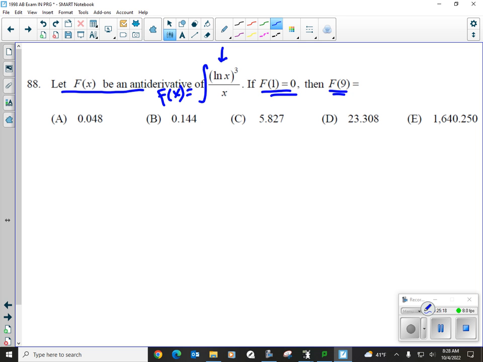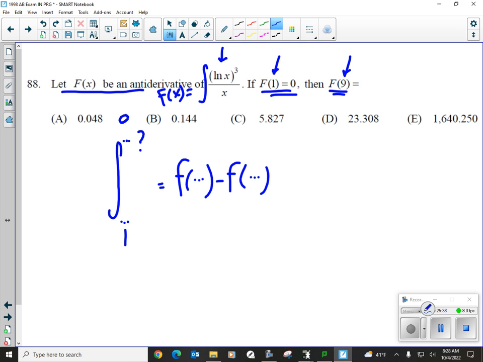A lot of people freak out, but let's not forget, when I integrate something and I have bounds, I always get my upper bound minus my lower bound. That's all it is. These are your bounds, from lower bound 1 to upper bound 9.